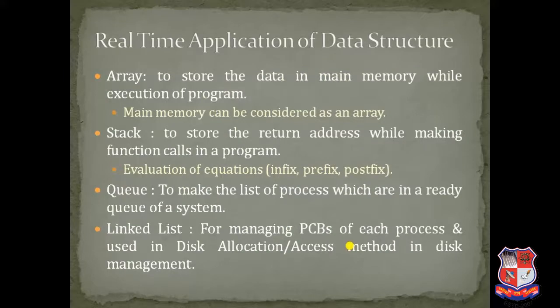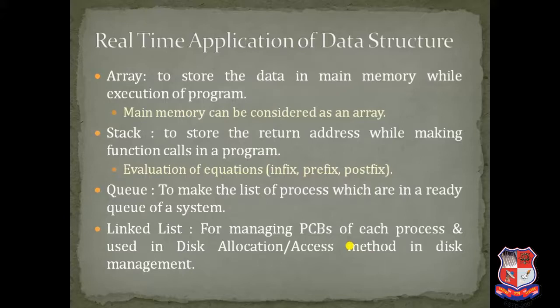Real-time application of data structure. Array is used to store the data in main memory during execution of a program. Main memory can be considered as an array. Stack is used to store the return address while making function calls in a program. Stack can be used for the evaluation of expressions like infix, prefix, and postfix.